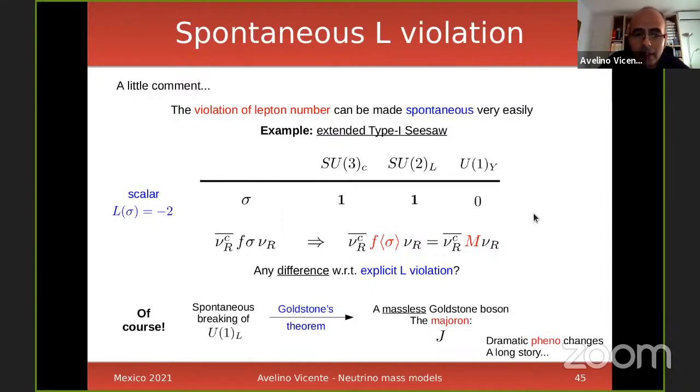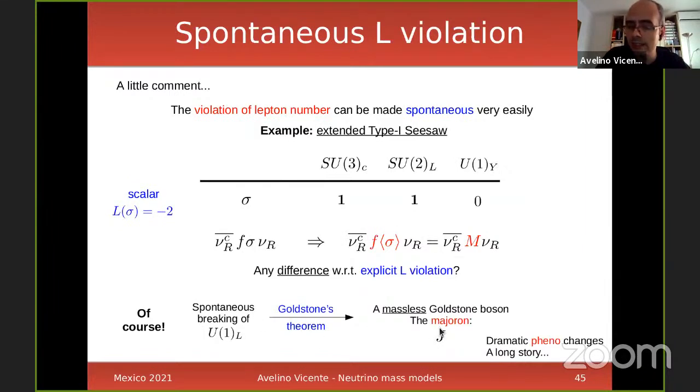And this is very important because the imaginary part of this scalar actually is a Goldstone boson. You know that there is something very important in quantum field theory that is called the Goldstone theorem: every time you have a continuous global symmetry, like in this case, a U(1) lepton number symmetry, that is spontaneously broken, your theory will contain massless Goldstone bosons. This is the case in this model.